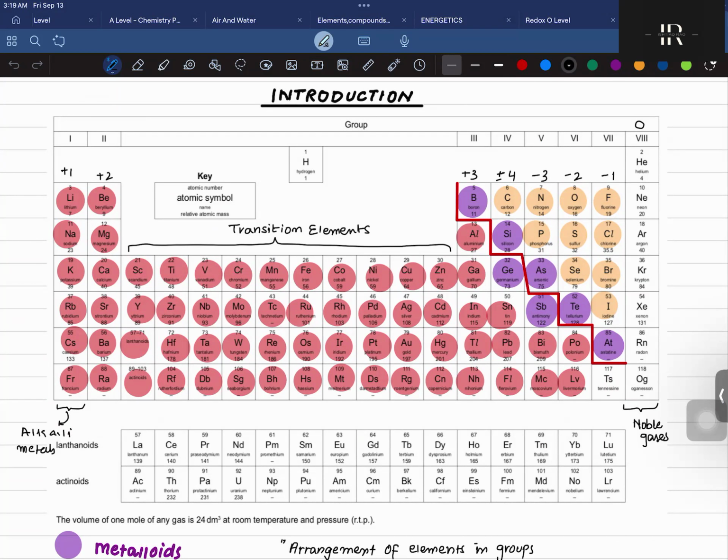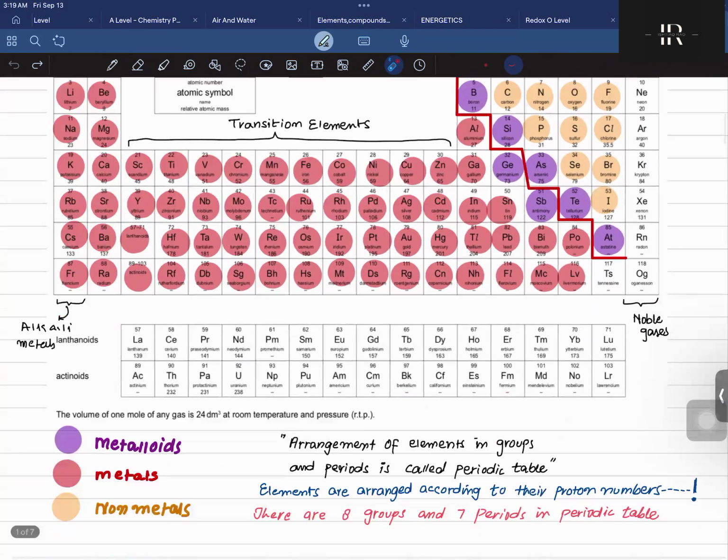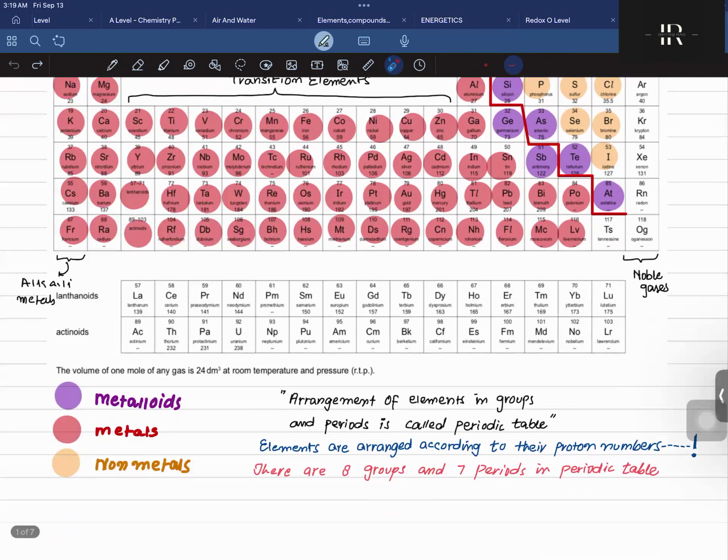We have arranged all the elements in increasing order. This is 1, that's why this is on the top, and all of the elements are arranged in this manner. So the basis of arrangement is the proton number. In total, there are 8 groups and 7 periods in the periodic table.